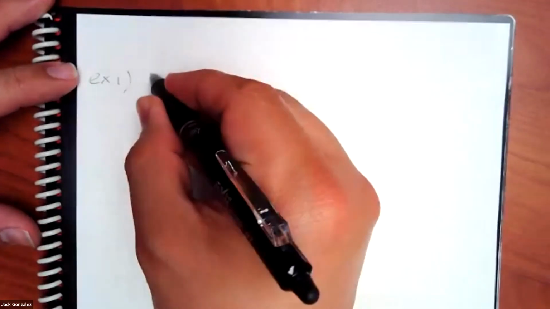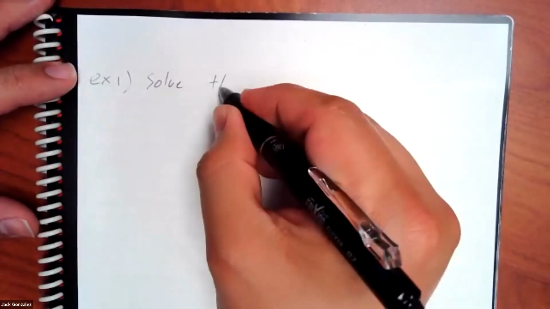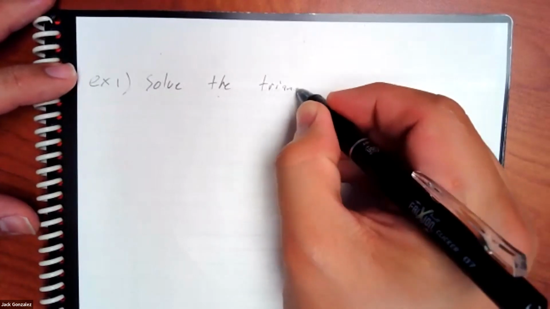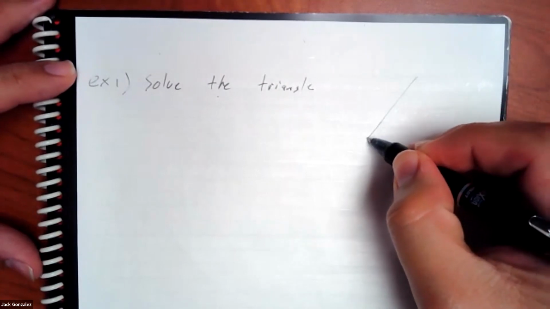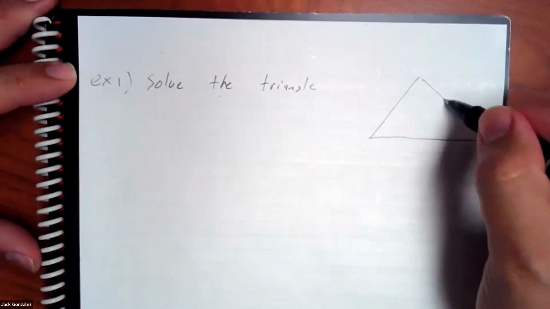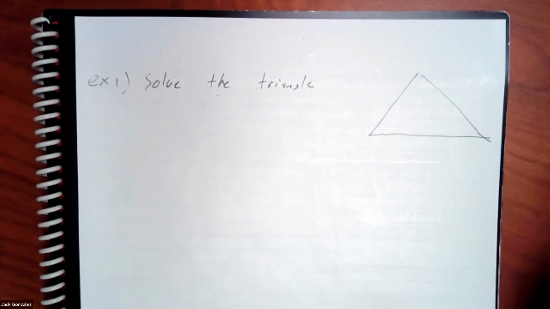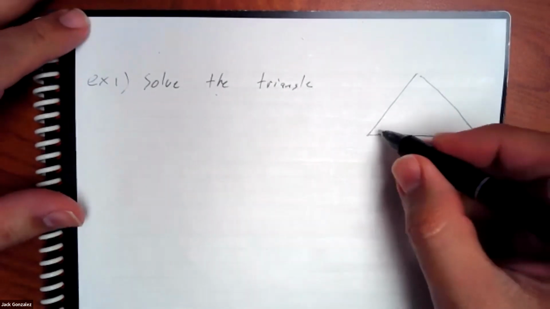I lost my thought there. Example 1. So the homework's going to be stuff like this. Either they'll give you the triangle or they'll give you information, and all you have to do is solve the triangle. I'm just going to go ahead and draw it over here. I believe on this one they gave it to us. This is not the actual triangle, it's just because I can't draw.